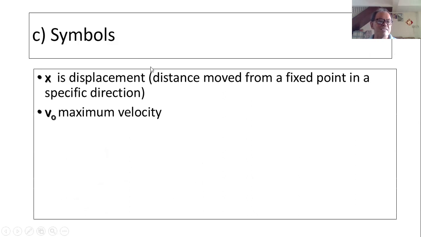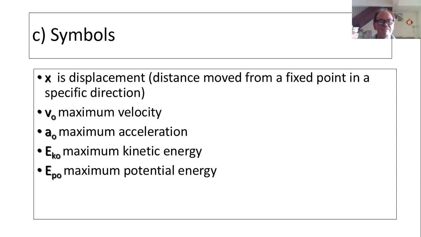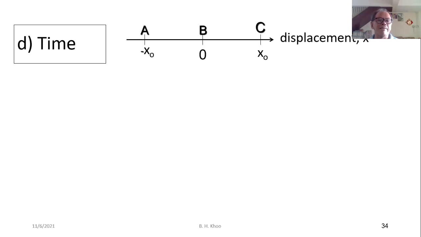V naught shows maximum velocity. A naught shows maximum acceleration. Ek naught means maximum kinetic energy. Ep naught is maximum potential energy. T is the period.